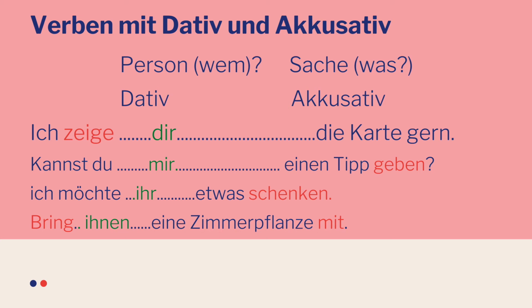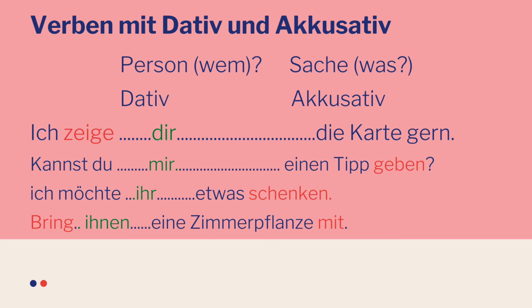Ihr means to her, so it's dative. And etwas is accusative. It answers the question was, which means what. Schenken was, give what, etwas. Wem schenken, to whom to give, ihr, to her.